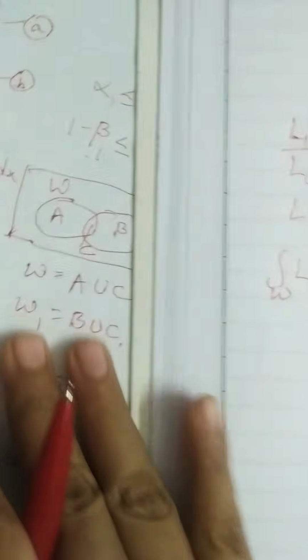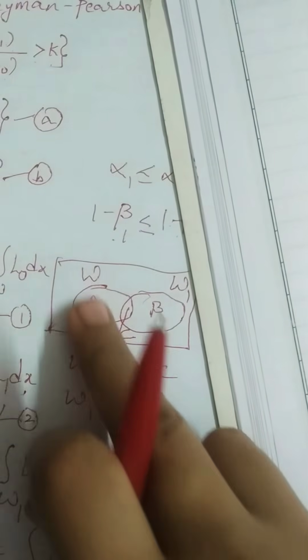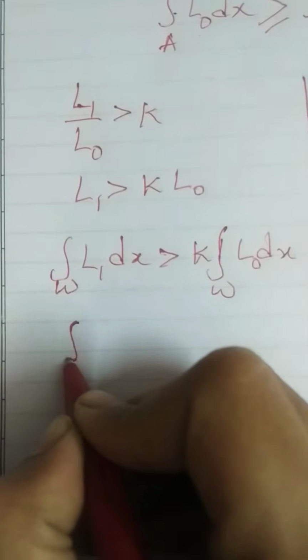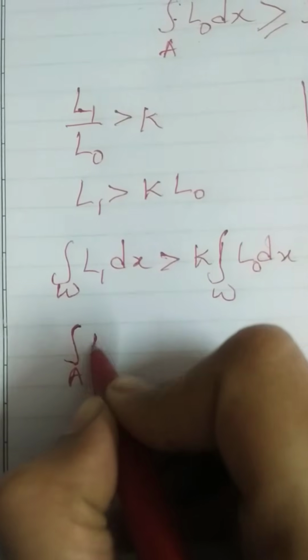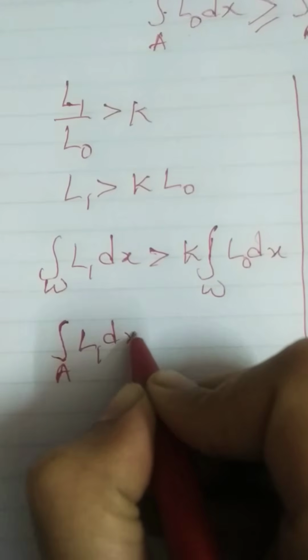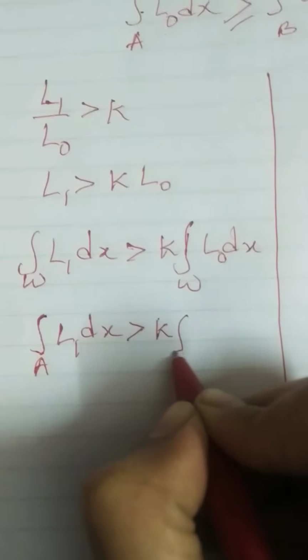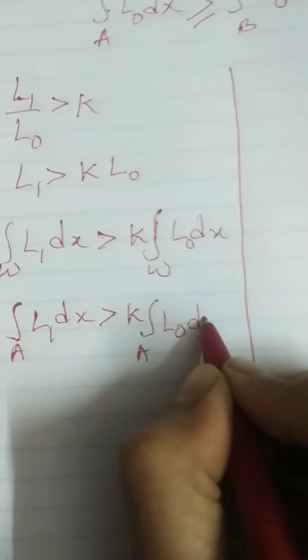So what is omega here? As per the statement, omega is a subset of A, right? Omega is a subset of A. So we will write it as integral of A L1 dx greater than k integral of A L naught dx.